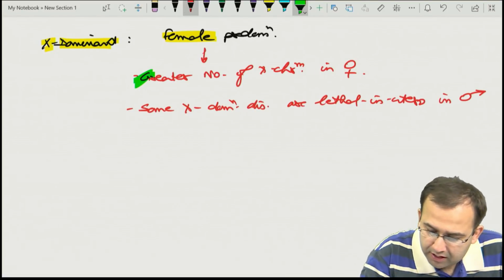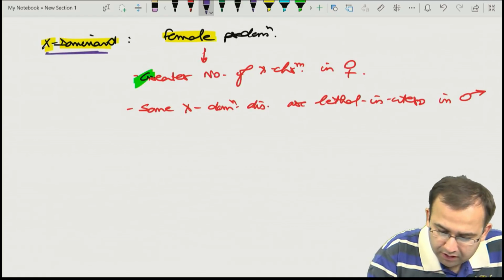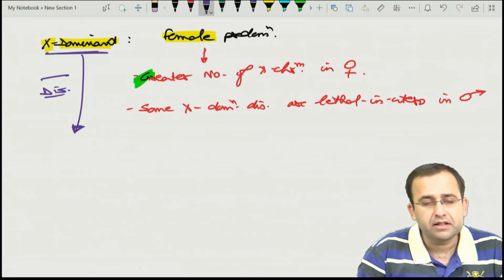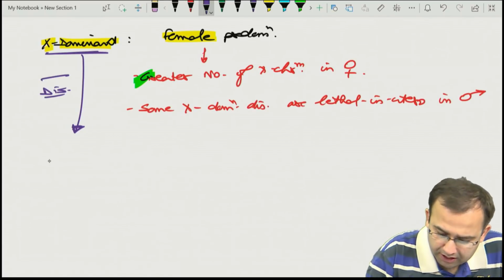Next point. Diseases associated with X-linked dominant inheritance.